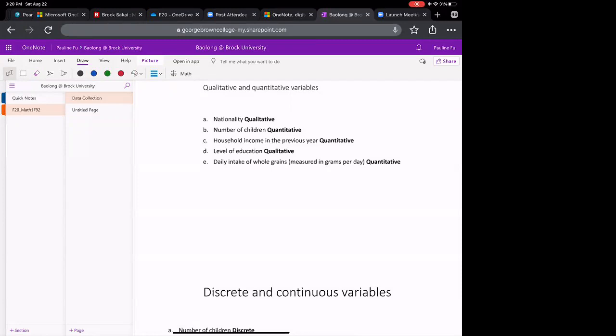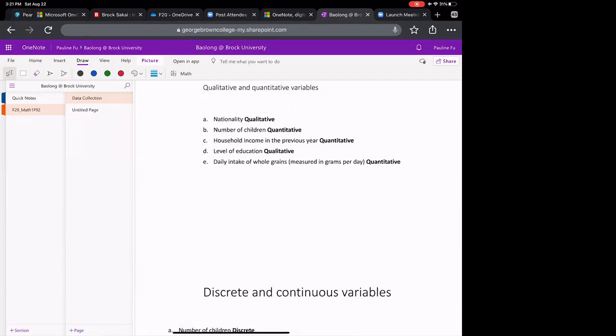My household income is quantitative data. Again, it provides a numerical measure of my income. My highest level of education is a PhD. So that is qualitative data. It is a classification of education level.